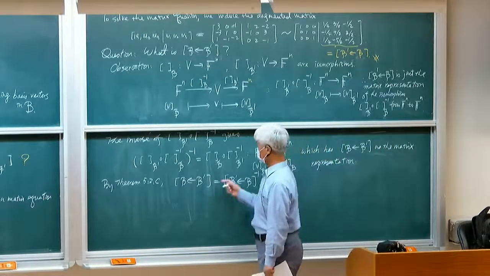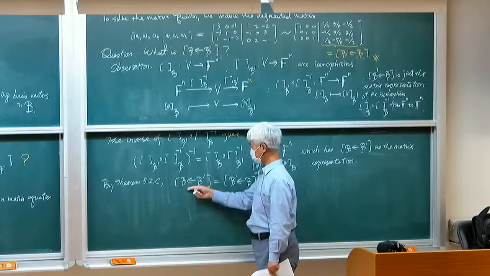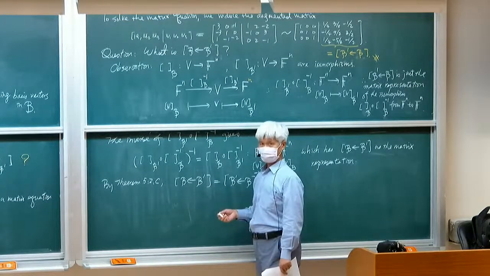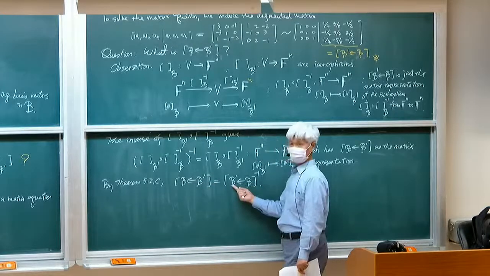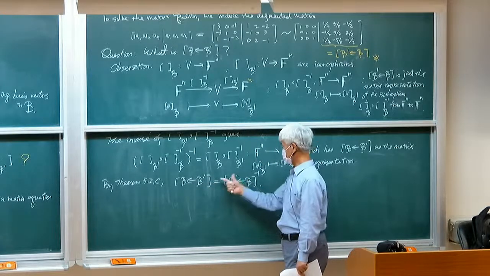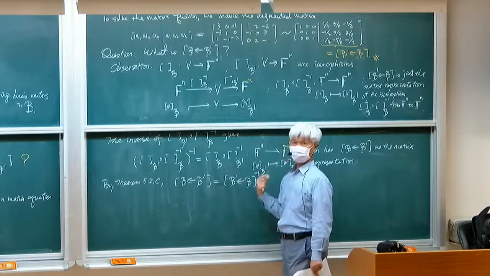Right, so this is the reason why I create a notation like this one. This is B prime to B, and here is B to B prime, and they are just reverse to each other.